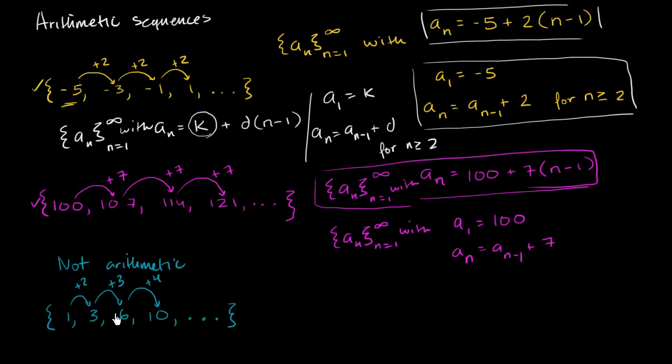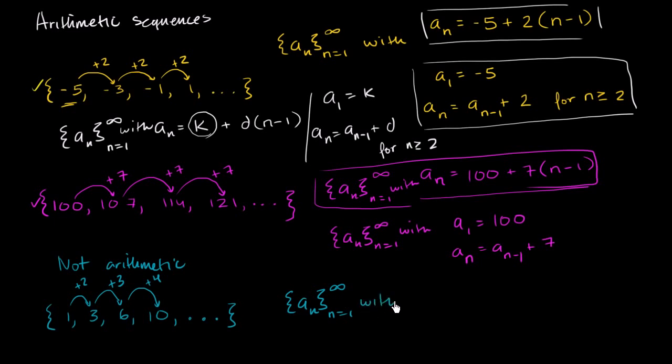But how could we define this, since we're trying to define our sequences? So if we wanted to define it, let's say we wanted to define it recursively. So we could say this is equal to a sub n, where n is starting at 1 and it's going to infinity.